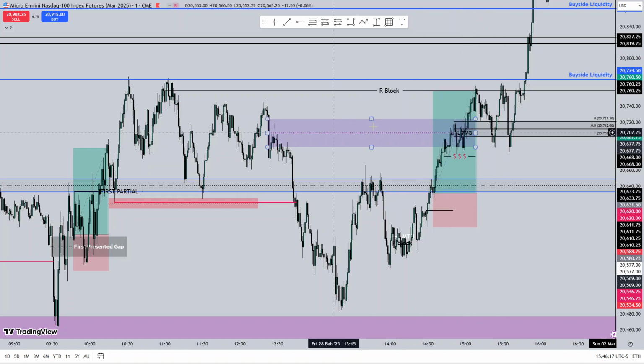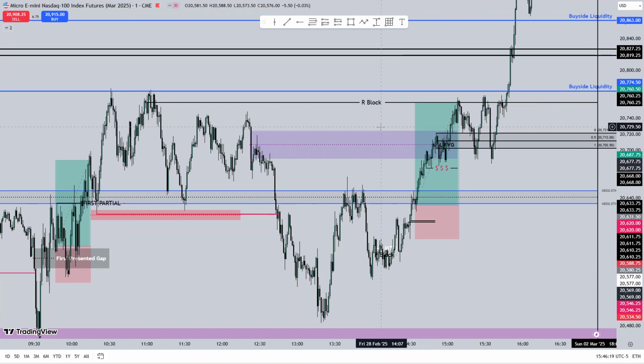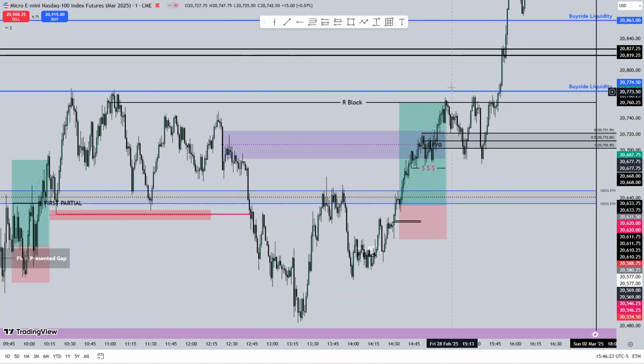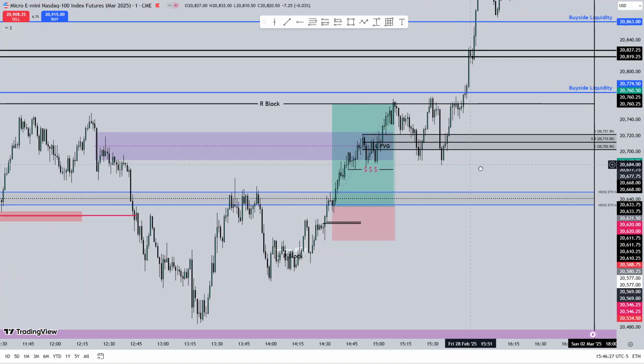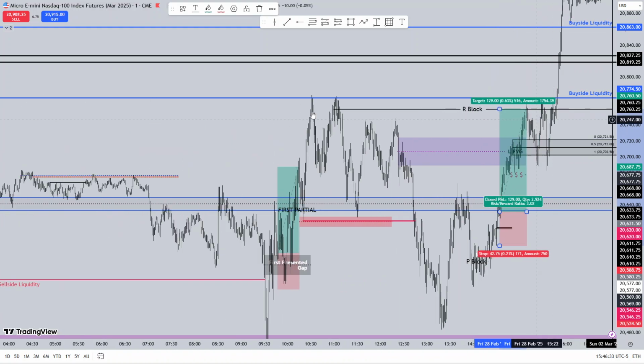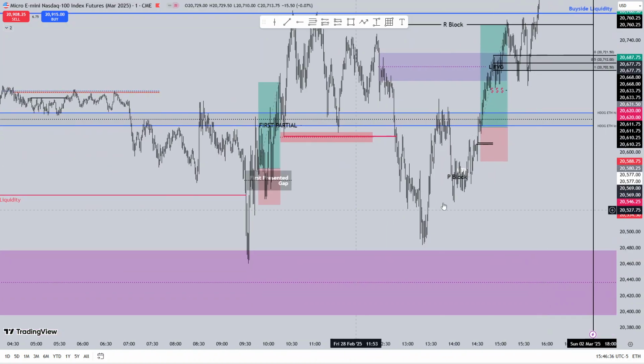Over here you can see this was the 15 minutes rejection block. The market reached here, with a reaction from the 15 minutes rejection block, and over here is my target profit, 129 handles, and it took the buy side liquidity because there is no sell side liquidity. All the sell side liquidities were taken, so why should the market go lower?